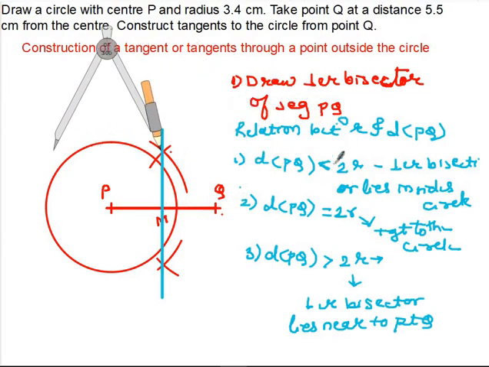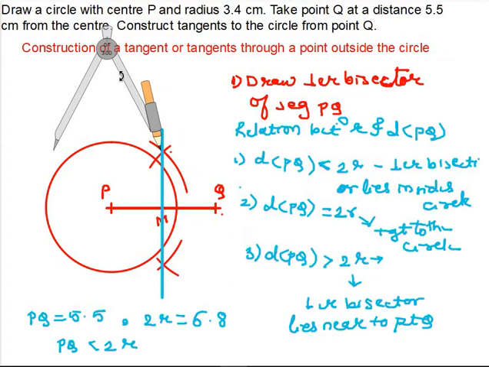Distance PQ is 5.5, and 2 times radius is 6.8. So definitely we can write here PQ is less than 2 times radius.